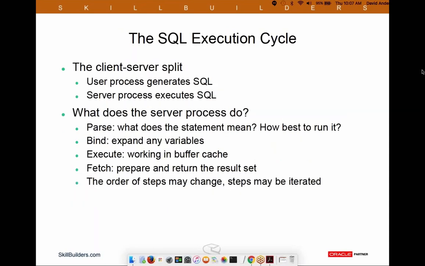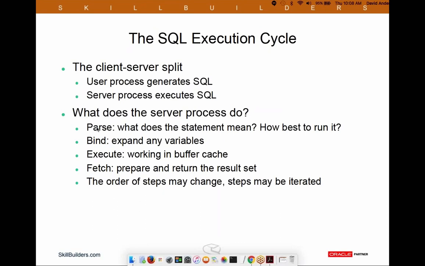Let's get into the SQL execution cycle. So the user process generates the SQL. Perhaps it's ourselves as a DBA or a developer using SQL Developer or Toad or SQL Plus, and we generate an SQL statement. Might be a join of 2 tables.